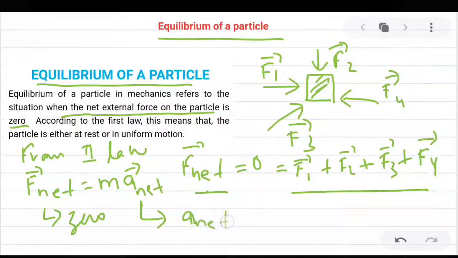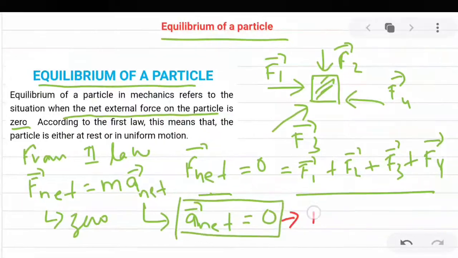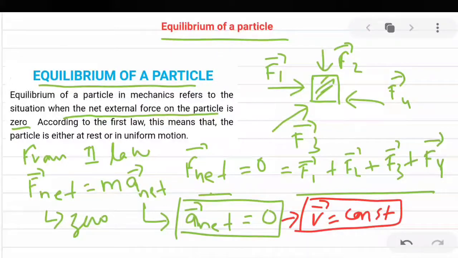Net acceleration 0 implies the velocity of the particle is constant. That means if the particle is at rest, it will continue in the same state. And if the particle is moving with constant velocity, then its velocity is not going to change. This is the condition for equilibrium of particle.